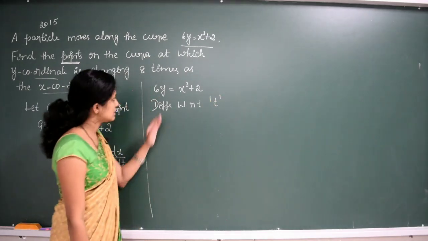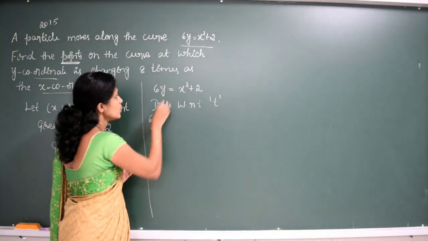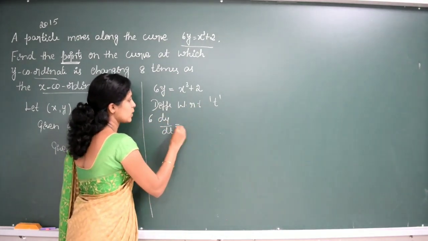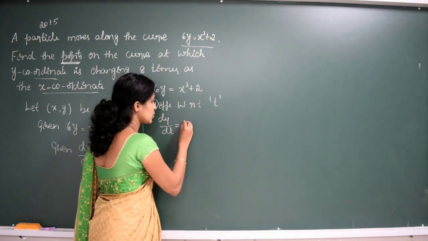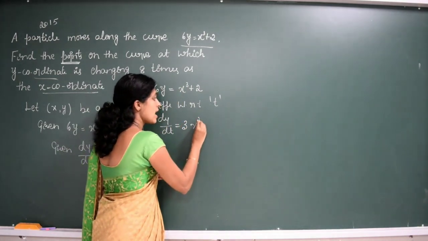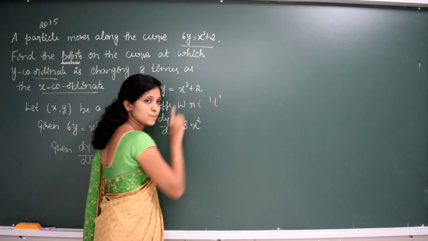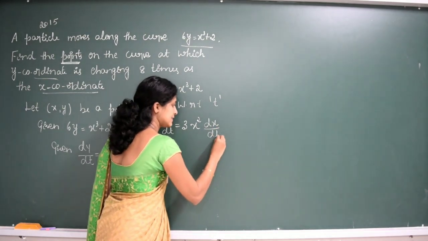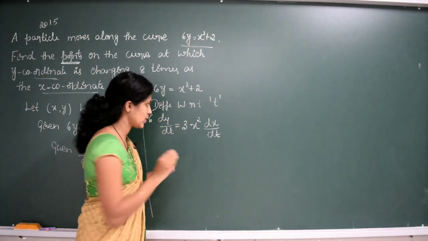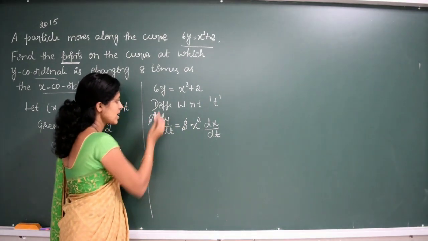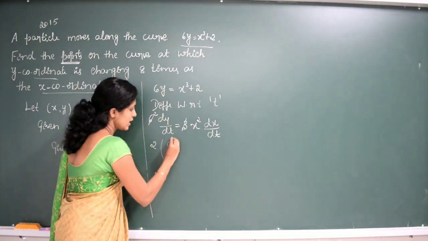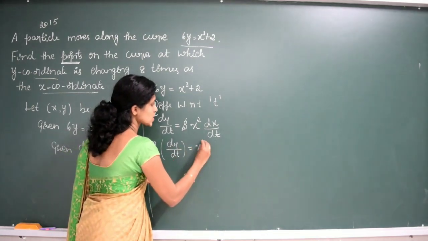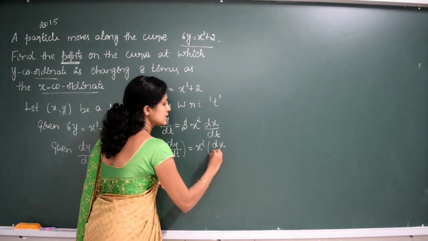Differentiate with respect to t: derivative of 6y with respect to t will be 6 dy by dt, equal to derivative of x cube with respect to t, 3x square, and derivative of x with respect to t will be dx by dt, plus derivative of constant will be 0. So I can cancel 3 ones are 3, 3 twos are 6. So this is now 2 into dy by dt is equal to x square into dx by dt.